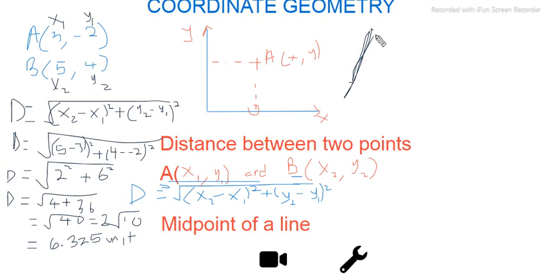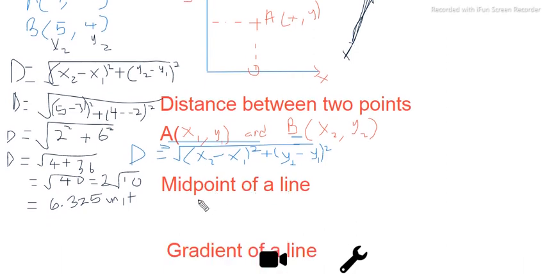If you want to calculate the midpoint of that line, the formula is this: the x coordinate of the midpoint is the sum of the x coordinates of the 2 points divided by 2.